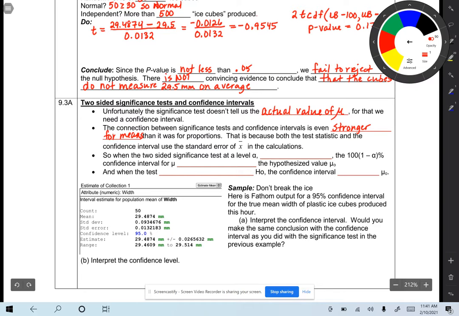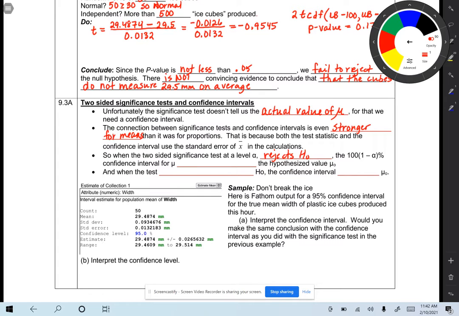That is because both the test statistic and the confidence interval use the standard error of the sample mean in the calculations. So when the two-sided significance test at a level alpha rejects the null hypothesis, the 1 minus alpha confidence interval for the mean will not contain the hypothesized value, which is the null parameter.